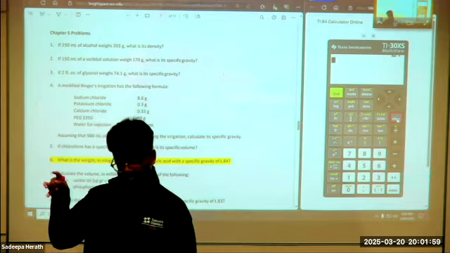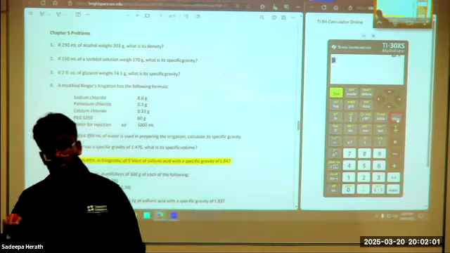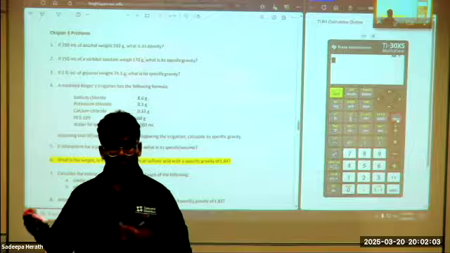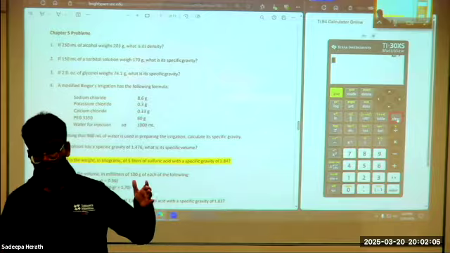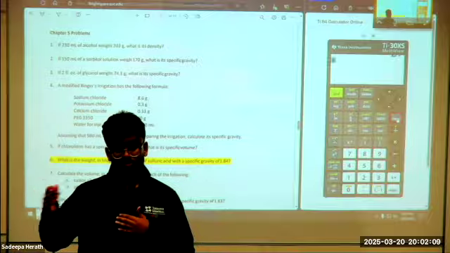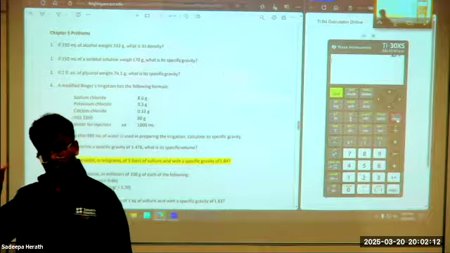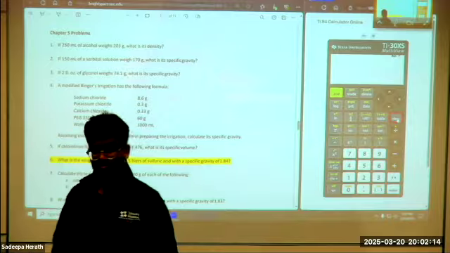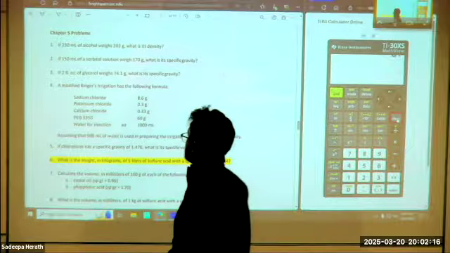So it's 96 divided by 200 ml, which is equivalent to 200 grams of water because of the 1-to-1 ratio, right? So 96 divided by 200. We'll go over into it.